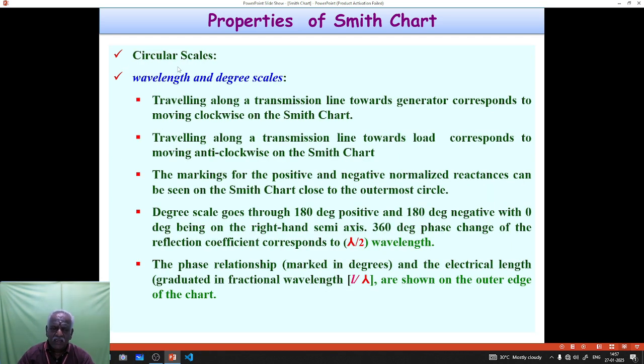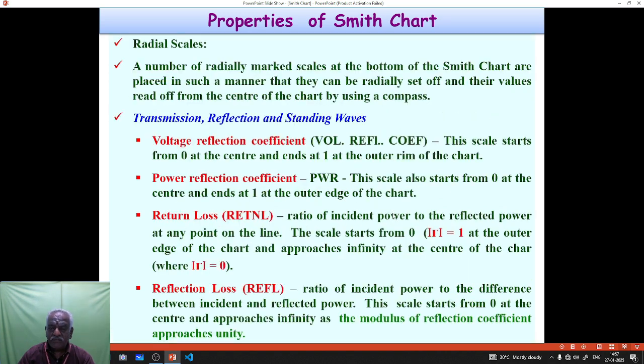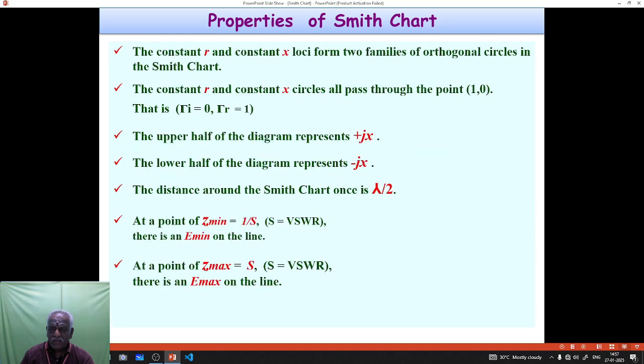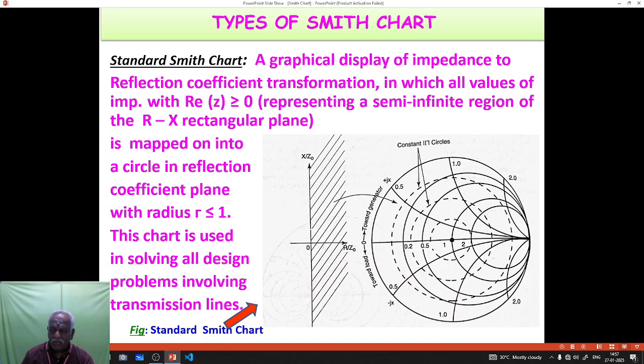Then there are some circular scales on the Smith chart. Wavelength and degree scales are available. If you move along the transmission line towards the generator, that corresponds to moving clockwise on the Smith chart. And traveling along the transmission line towards the load corresponds to moving anti-clockwise on the Smith chart. This can be seen here.